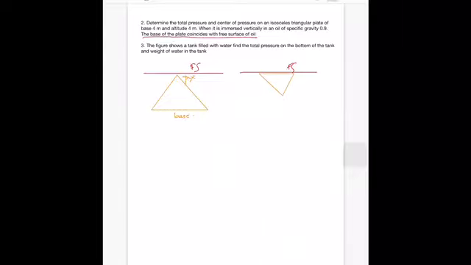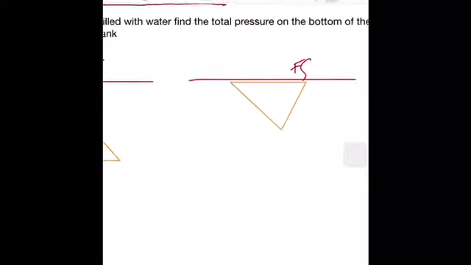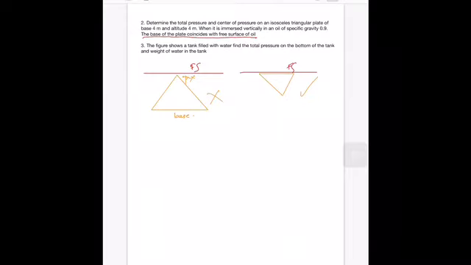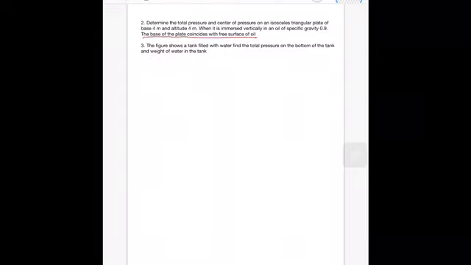In this case, the base coincides with the free surface. So the figure should be like this, not like this. So the condition that base of plate coincides with the free surface is satisfied in the second figure. So let us draw that legibly, ripping off all unwanted things.